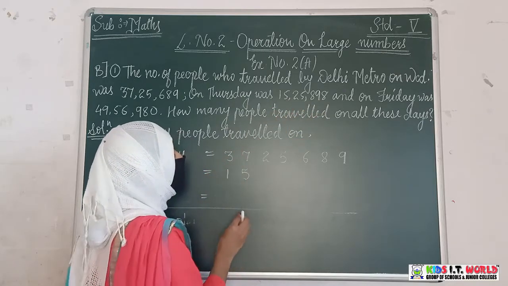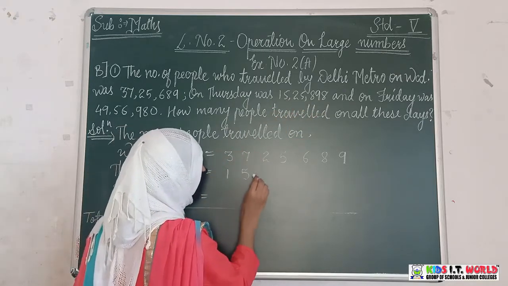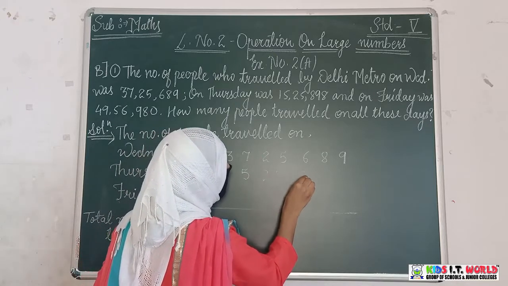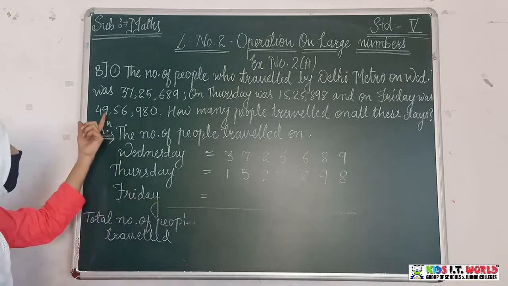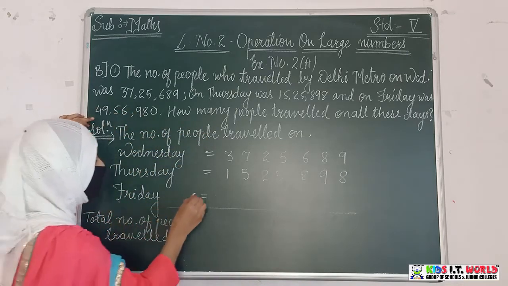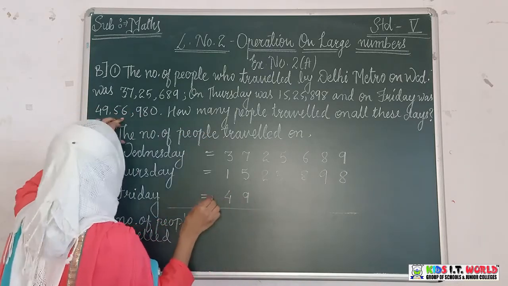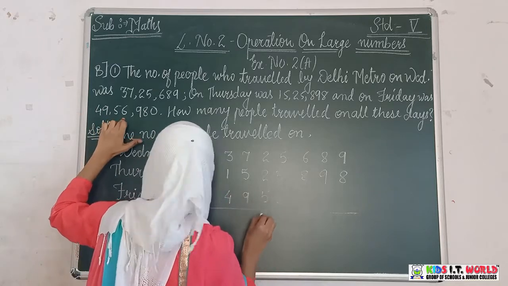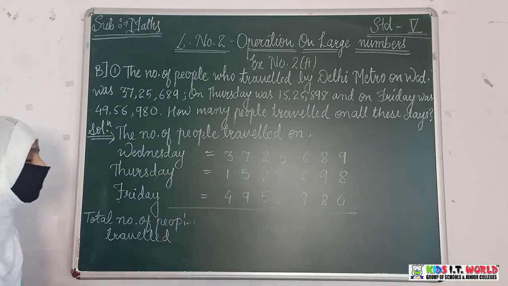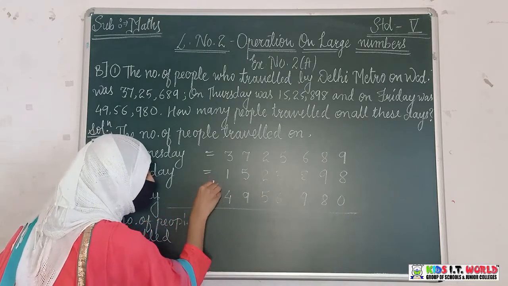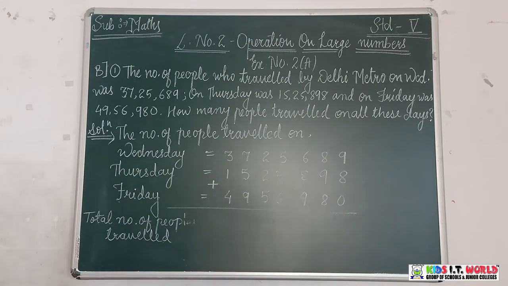It should be proper. So 15,25,898. On Friday, how many people travelled? 49,56,908. Now which operation do we have to do here? Addition. So don't forget to give the sign of addition here.